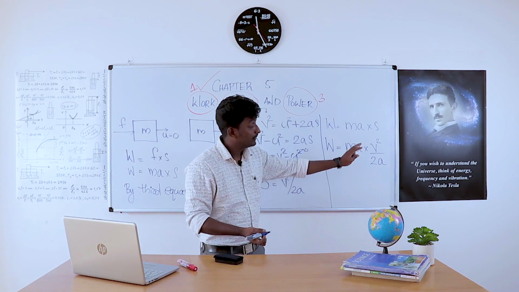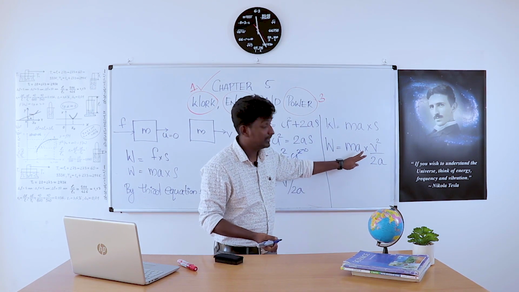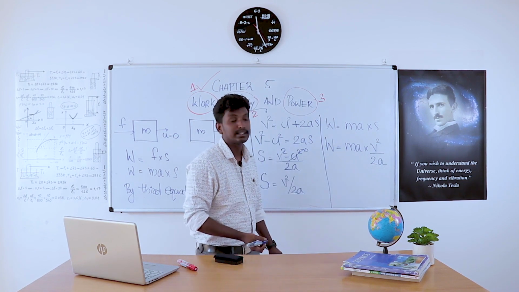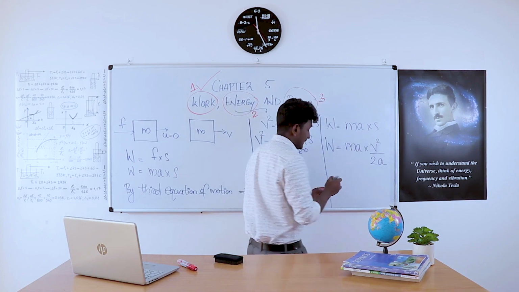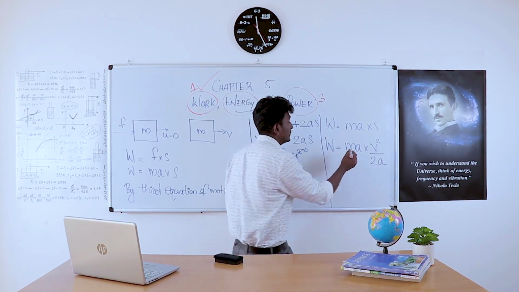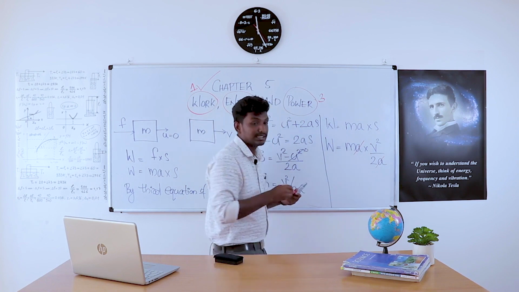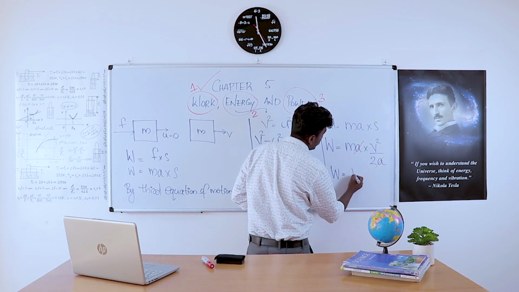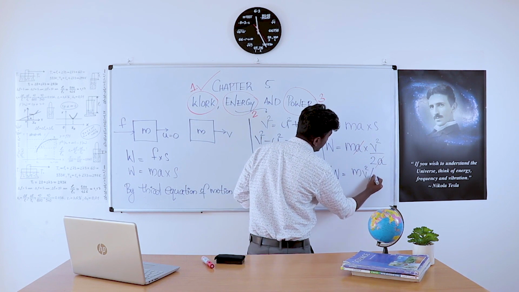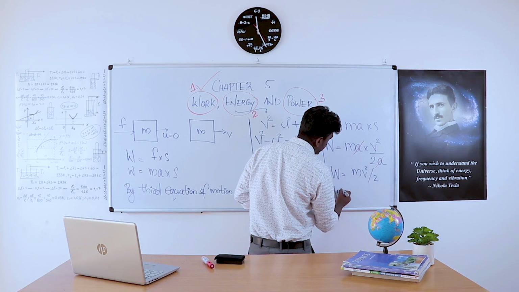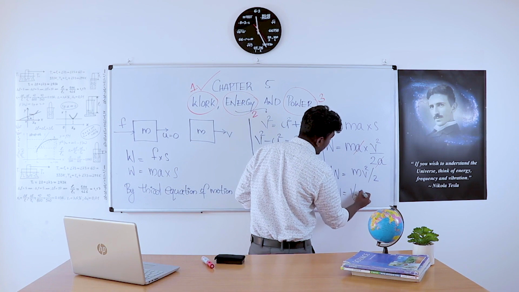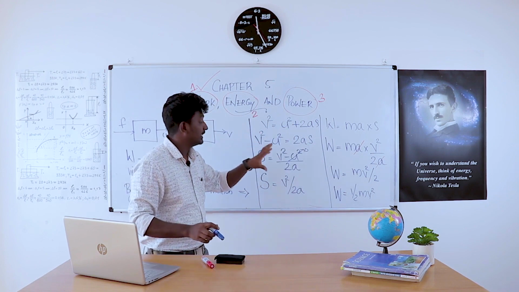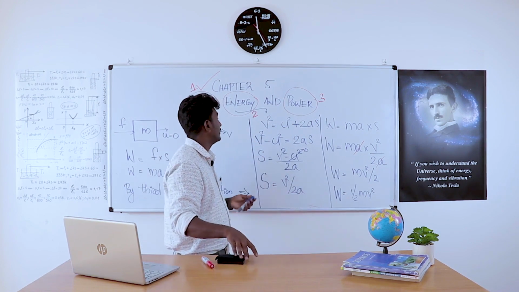Look here, the acceleration term a is in the numerator and the denominator, so both a's cancel each other. Remaining, W is equal to mv square by 2, which can be written as W is equal to half mv square. Now we get the equation for work done in moving the object.